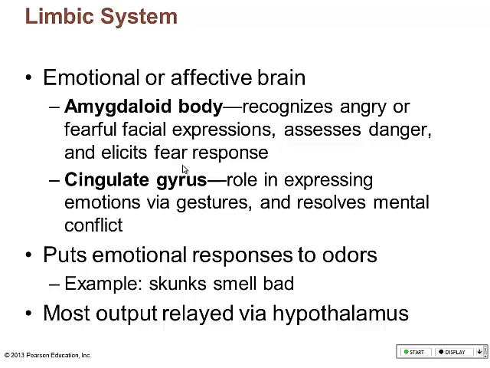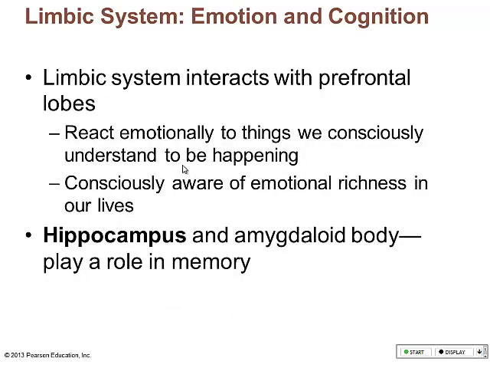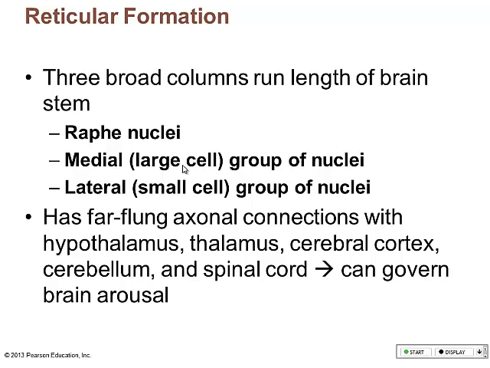We don't pay as much attention to them because we don't get as much information, but they do help protect us from harm. Limbic system's going to interact with prefrontal lobes, emotions, conscious awareness, the hippocampus, memory. So those are some of the things I want you to remember about the limbic system.